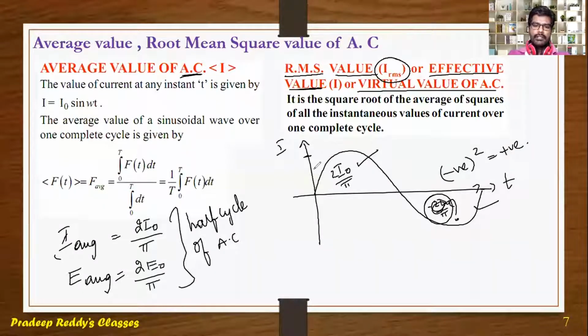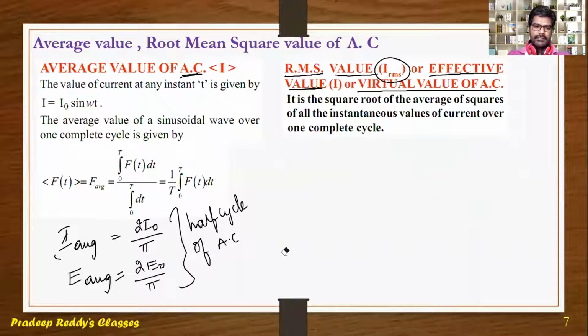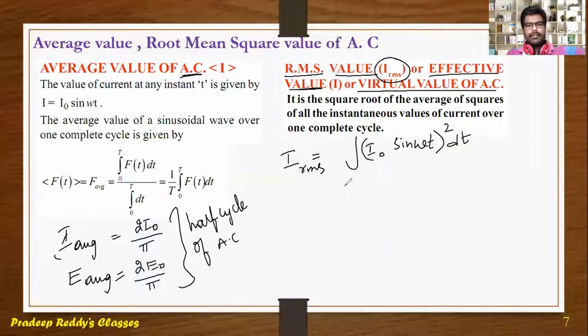So in order to calculate the virtual value of AC, we will use this function where IRMS is equal to integration of I naught sine omega t whole square dt, limits from 0 to T, divided by the overall period. It's not T by 2, it's 0 to capital T.